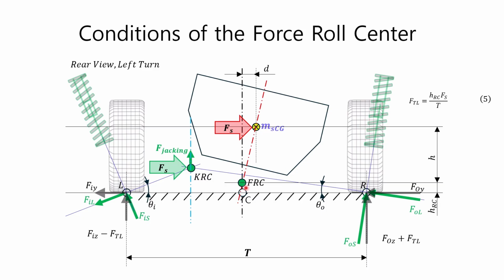Therefore, the transverse position of the force roll center must clearly indicate the moment arm h, which allows calculating the rolling moment caused by the sprung mass about the roll center and the distance d displaced by the center of gravity of the sprung mass. In addition, the height of the force roll center must be precisely located to calculate the load transfer through the suspension link, as shown in equation 5.